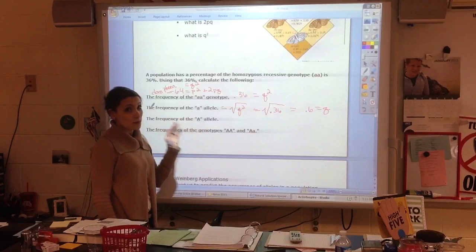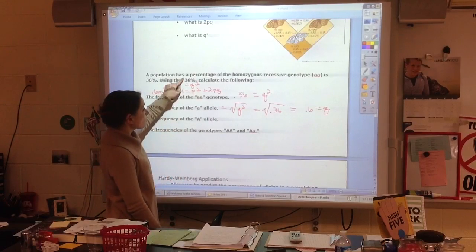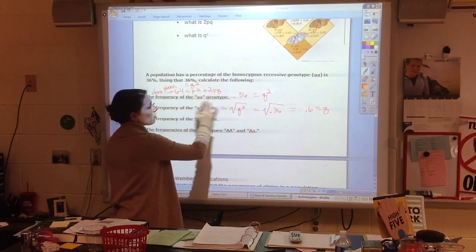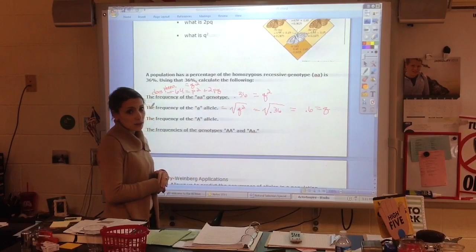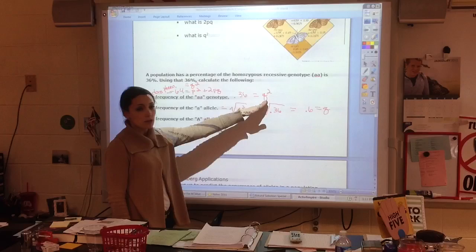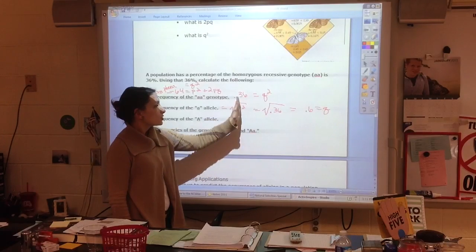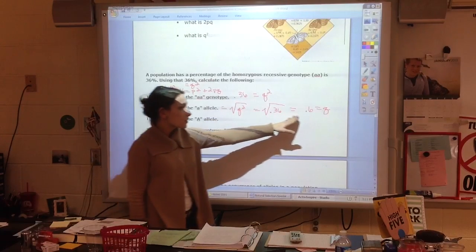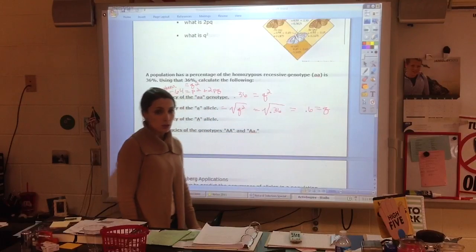So be very careful about what you assume. 0.36, you actually almost always want to start with the recessive. 0.36 is Q squared. I take the square root of Q squared, which is the square root of 0.36, I get 0.6, and that's what equals Q.